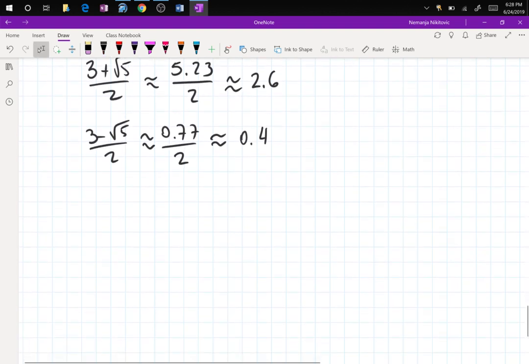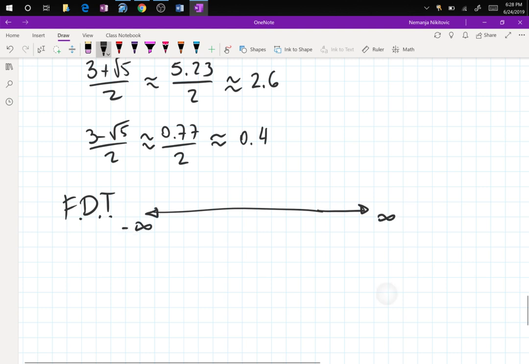So when I do my first derivative test, I have the infinite domain from negative infinity to positive infinity. I have to line up my partitions: negative 1, then 0.4, which is 3 minus root 5 over 2, then positive 1, and then the last partition at 3 plus root 5 over 2.